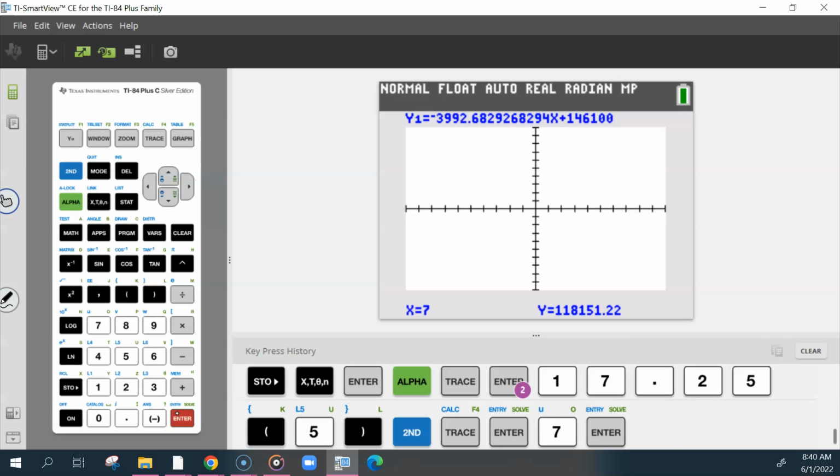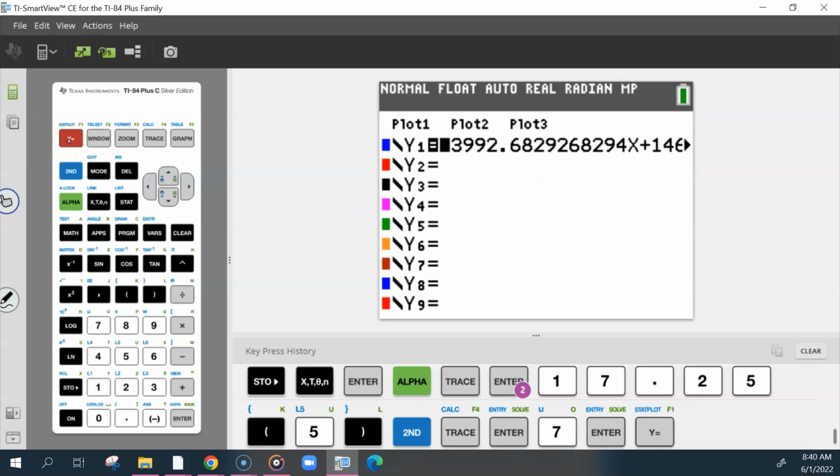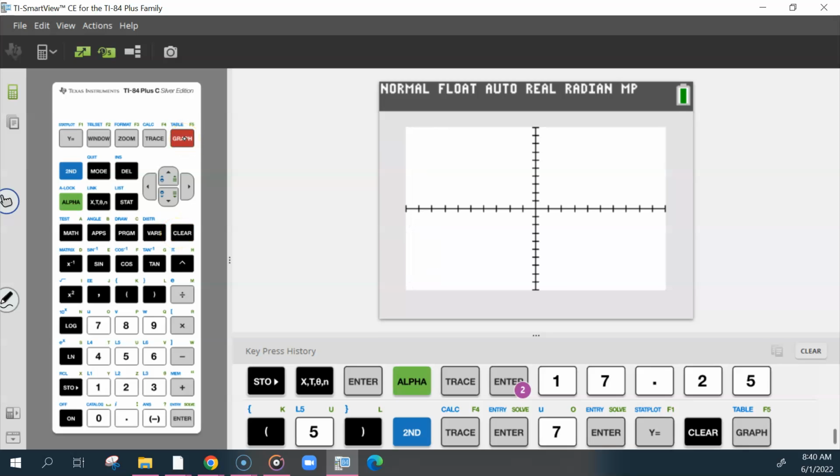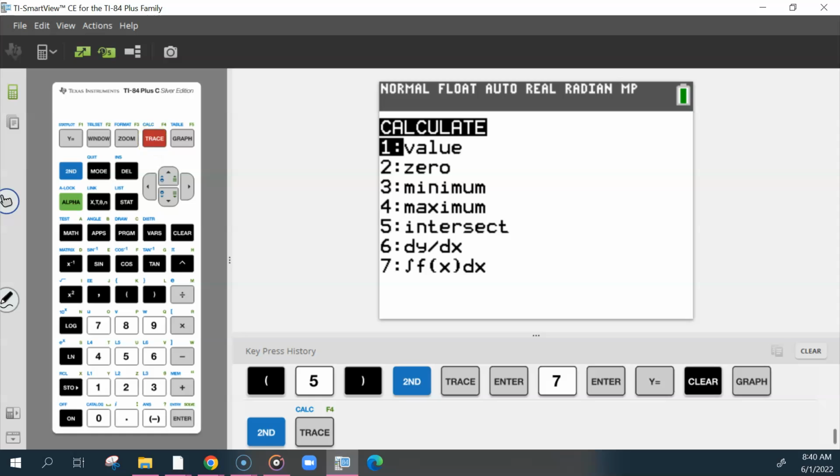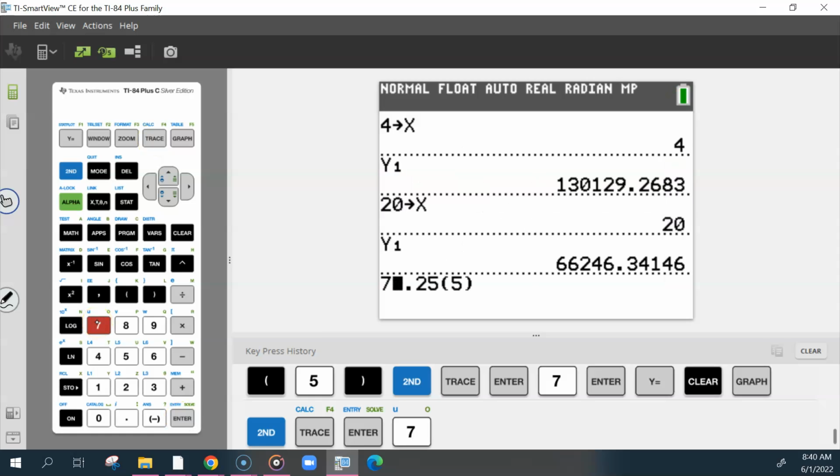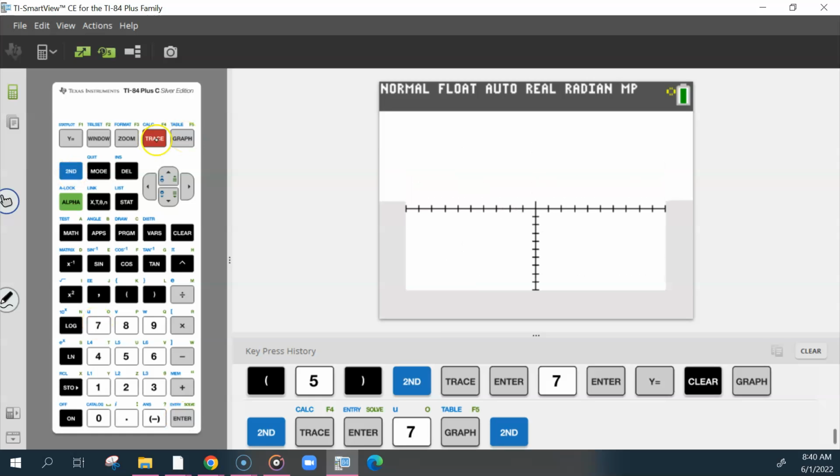So this is our work. You do have to store something, otherwise it won't let you. So if I had nothing in here and I tried to do that, it won't let you if there's not something stored in there. Obviously. 26, 46.